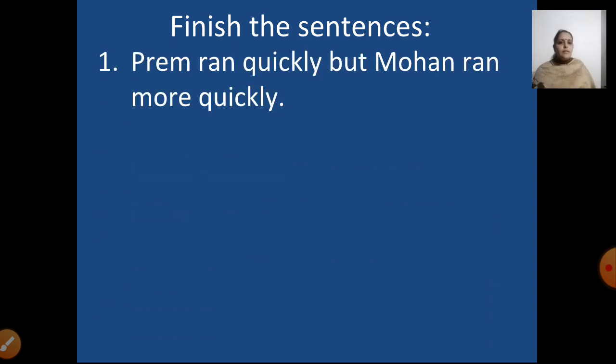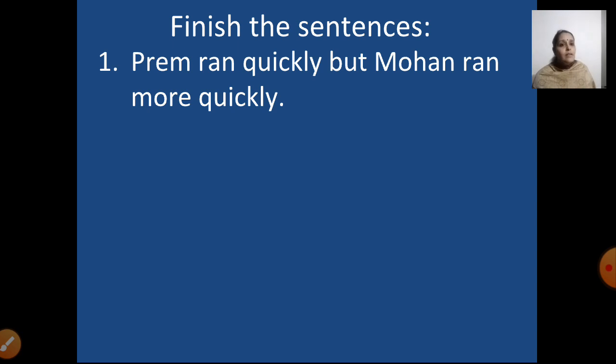Finish the sentences. Prem ran quickly, but Mohan ran more quickly. We are using the adverb quickly here because it is coming with the verb ran, right? So Prem ran quickly. We saw in the earlier exercise, quickly has got two syllables, quick and ly, right?